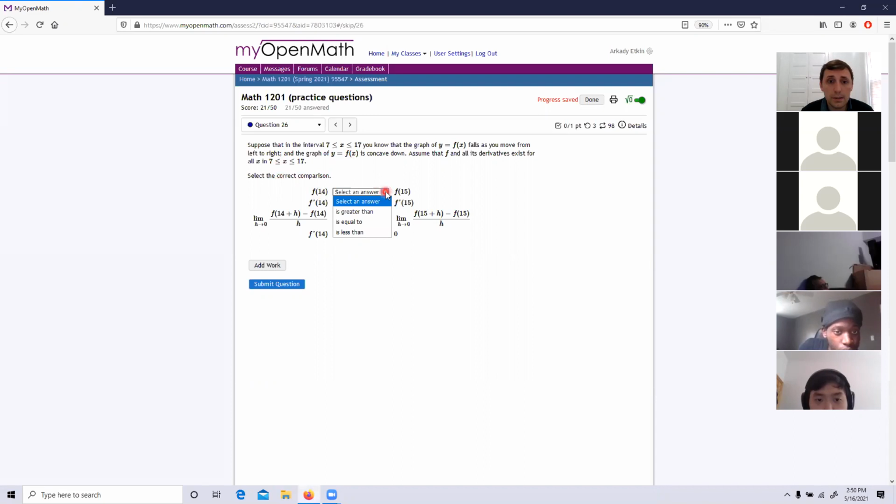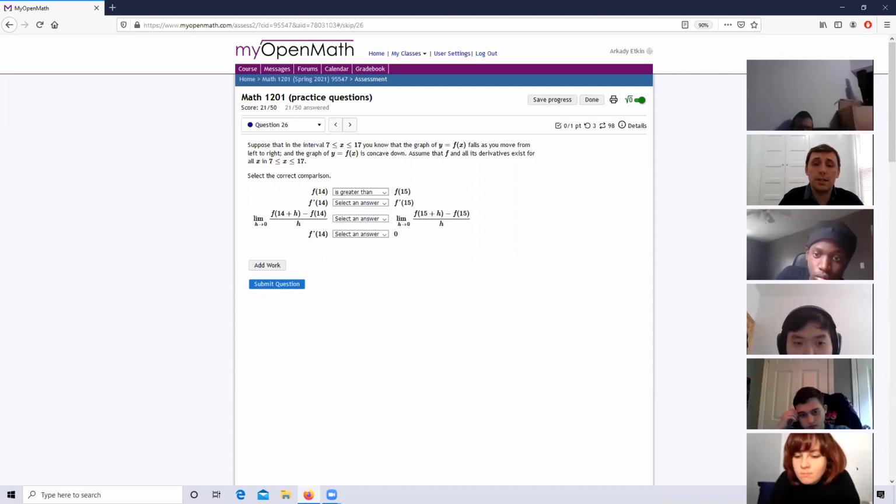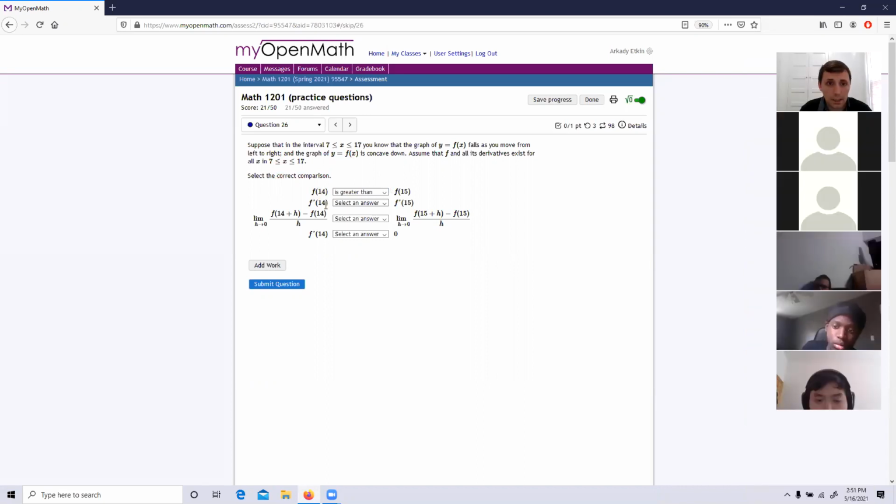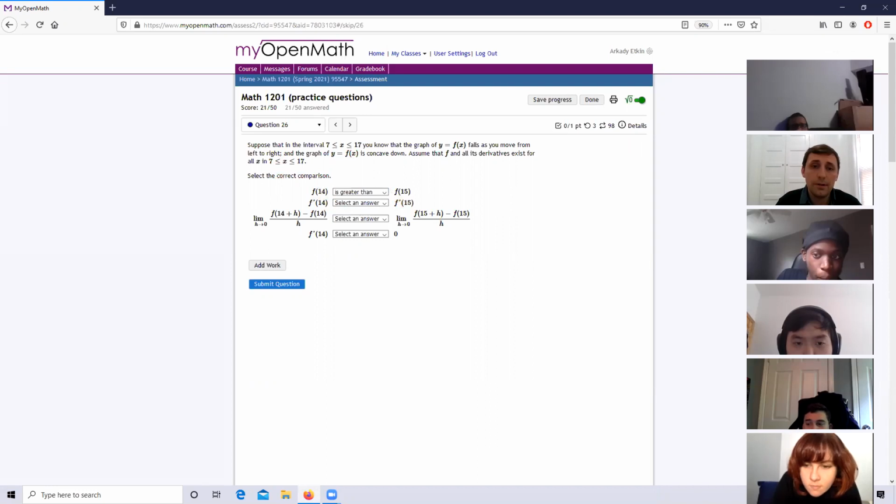F of 14, f of 15, guys. What do I select? So f of 14 clearly is greater than f of 15. Do you agree? Because we're saying the graph is falling, so we're diving, and concave down means that I'm diving ever faster. So then f prime of 14 compared to f prime of 15, guys. Which derivative is bigger, at 14 or at 15?